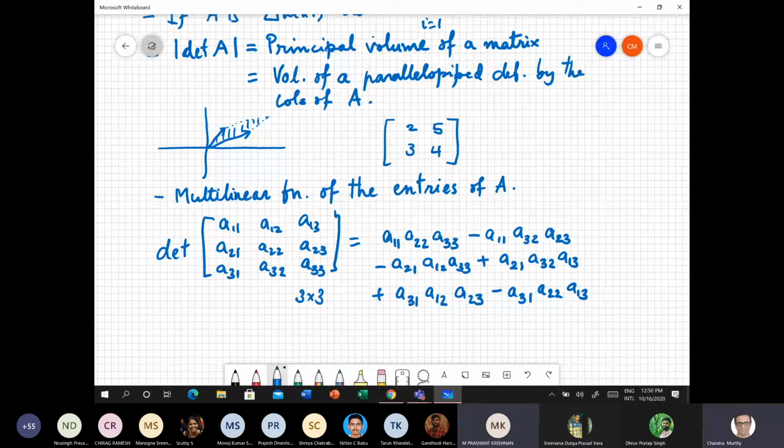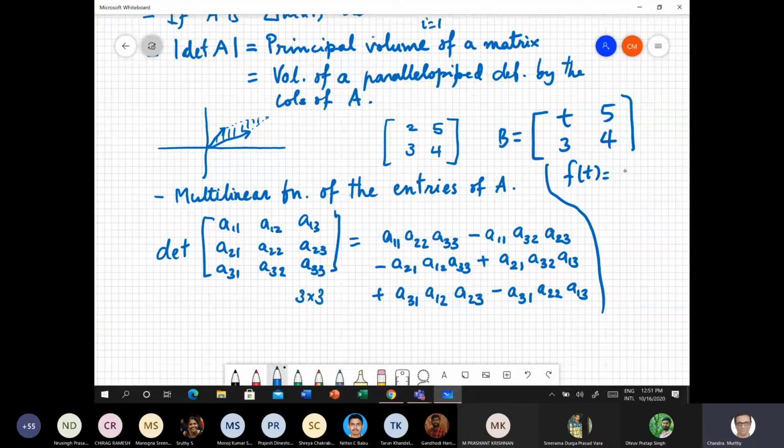Think of it this way. Suppose I consider a matrix with entries t, 5, 3, and 4, and suppose this is a matrix B. And then I call f of t equals the determinant of B. So this is actually a function of t.